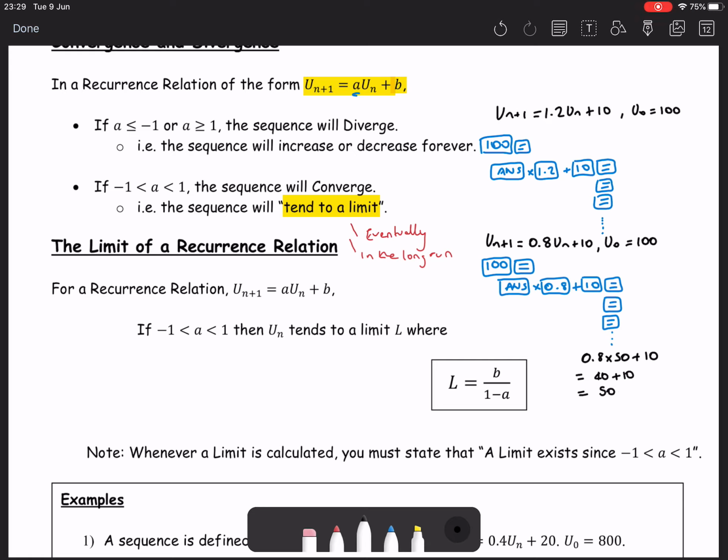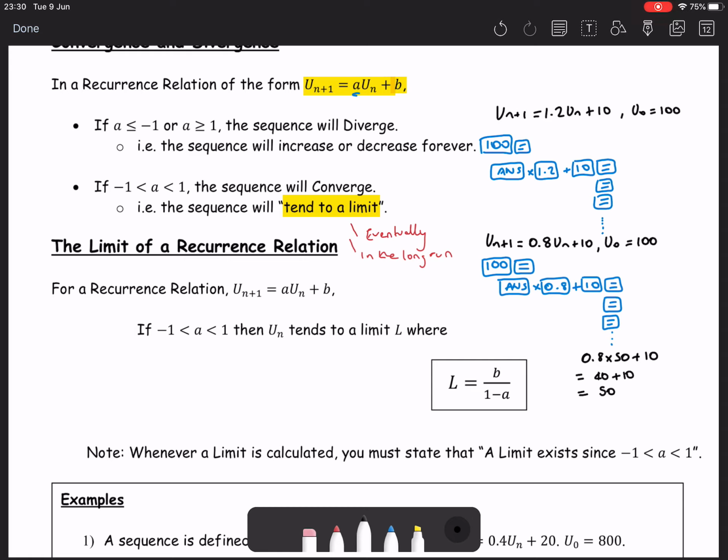So you can imagine in my sequence that would just continually repeat. I would put 50 in, the next term out would be 50, and so on. That gives an example of what exactly happens when we have a sequence which tends to a limit. It will get to a particular value and just keep recycling within our recurrence relation.